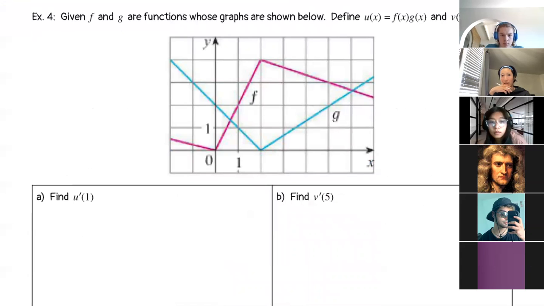Different kind of way of asking that question. We've got some pictures of these graphs now. U of x. If I'm asking you to find u prime of 1, what rule am I asking you to use?